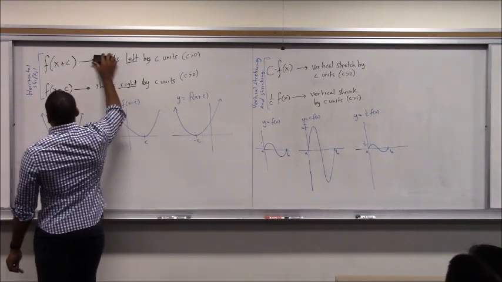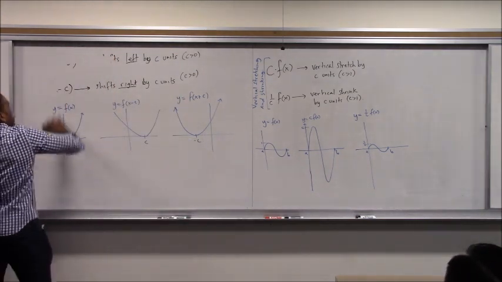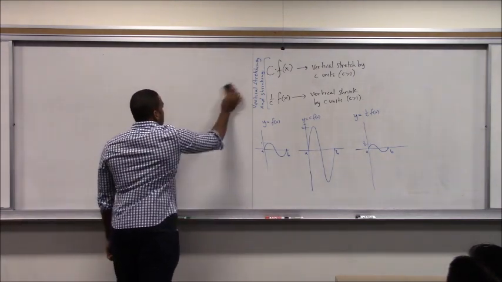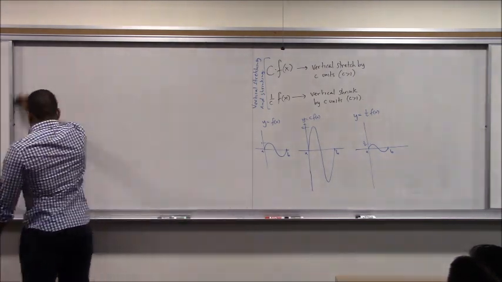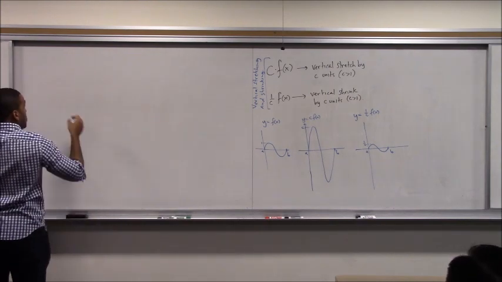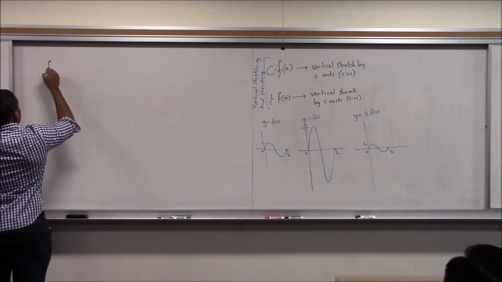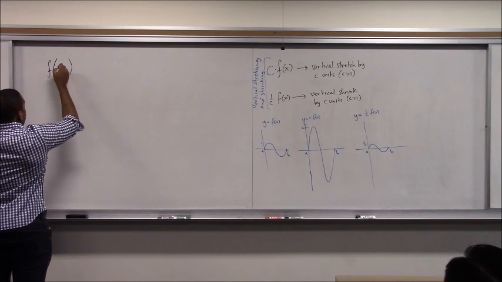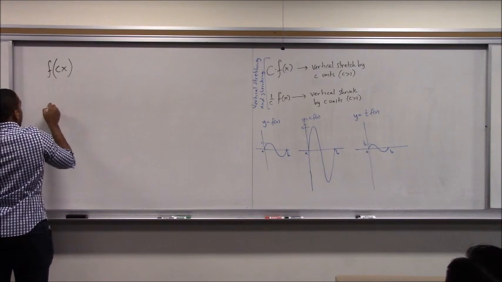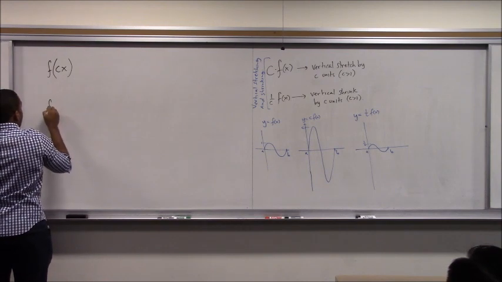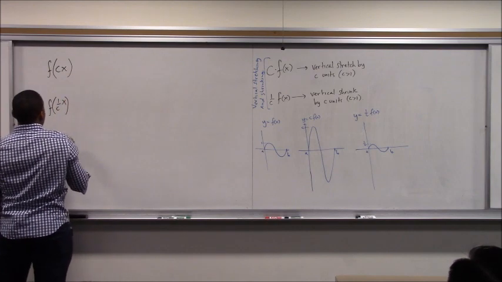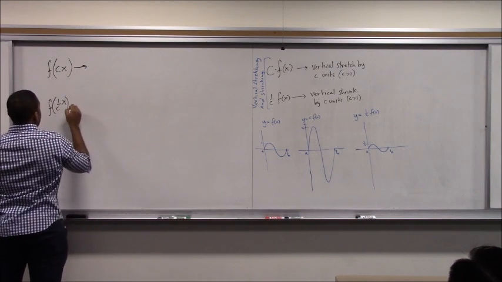You can also have horizontal stretching and shrinking. This is when you do something to the x values, so you can multiply all x values by a number bigger than 1, or you can divide all x values by a number bigger than 1.